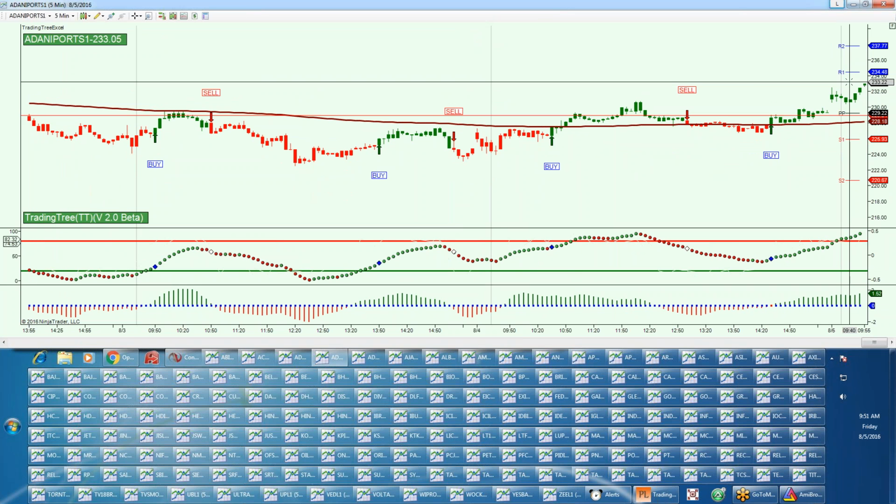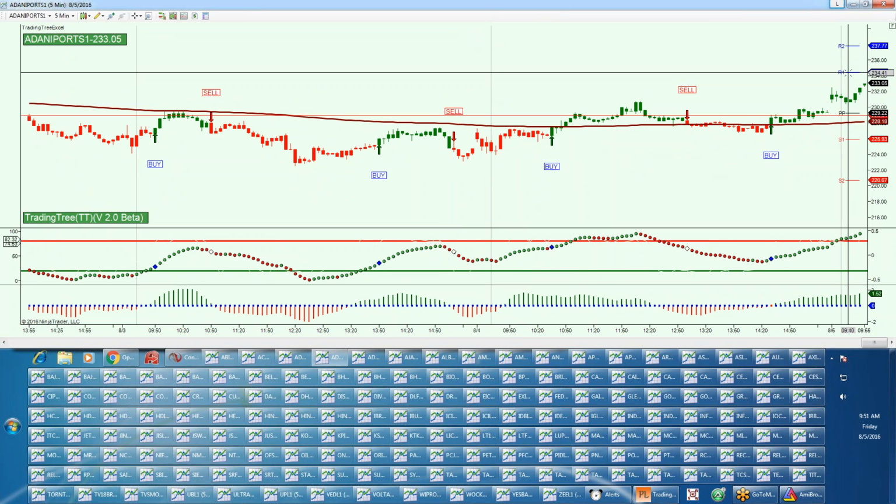Adani Ports, 238.40 will be your first target. 234.